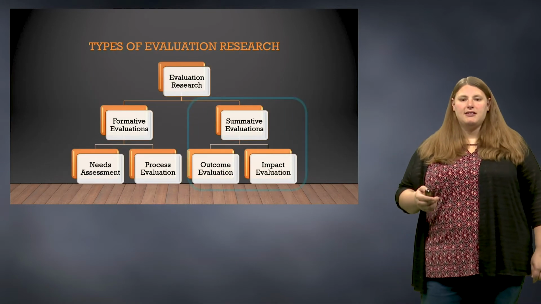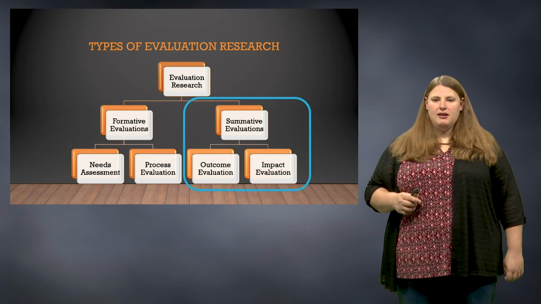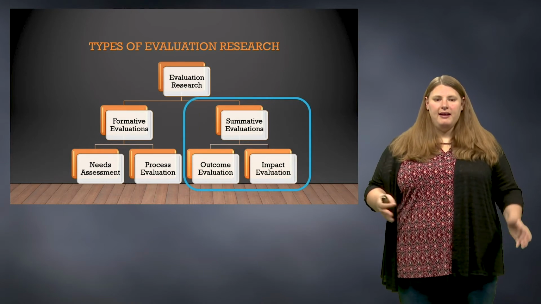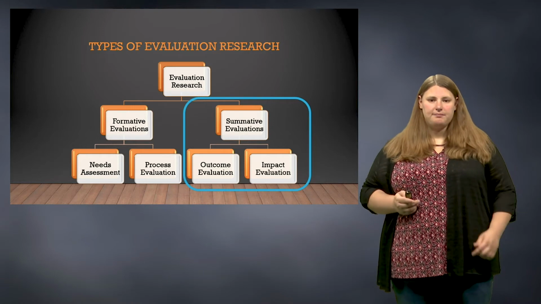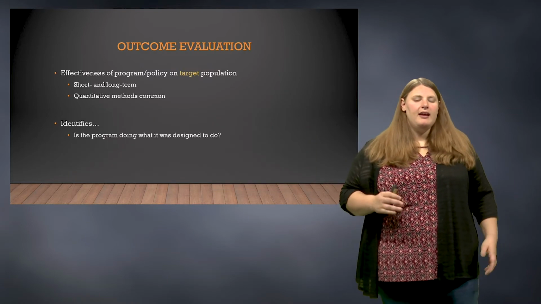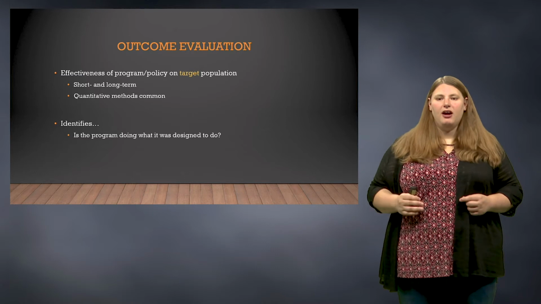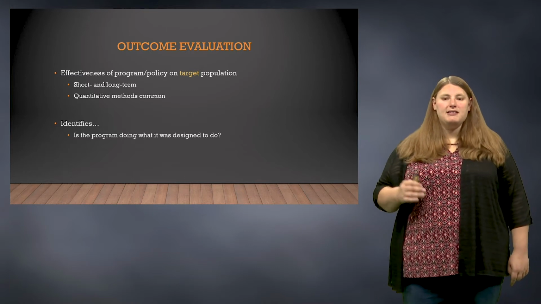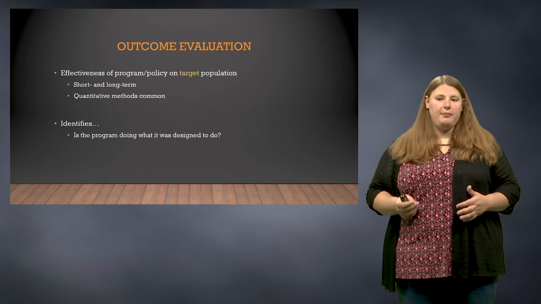Okay, so now let's look at the summative evaluations. Both of these are conducted after a program or policy is implemented and a set period of time has passed. An outcome evaluation is a targeted summative evaluation that focuses solely on the effectiveness of the program or policy on the target population.